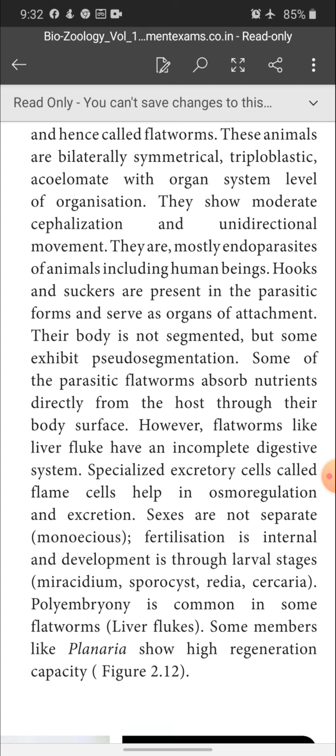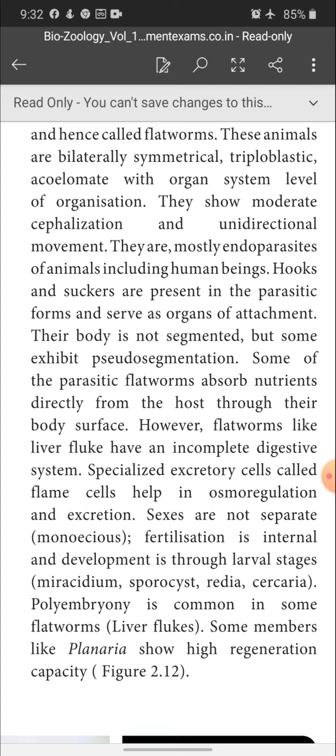Then polyembryony. What does polyembryony mean? Poly means what? Many. That is, many embryos are seen in the animal body, and this is called polyembryony. This polyembryonic condition is common in the Phylum Platyhelminthes. Example for this polyembryonic condition is liver fluke. And some animals of this phylum show high regeneration.